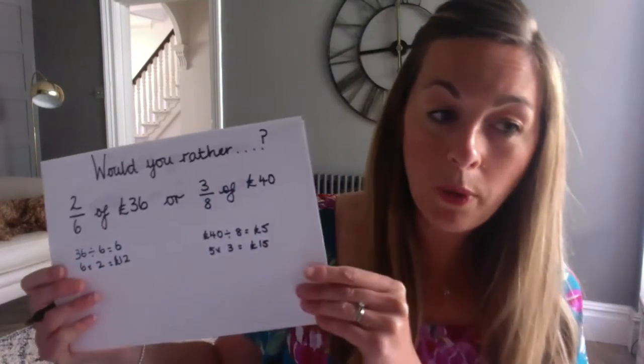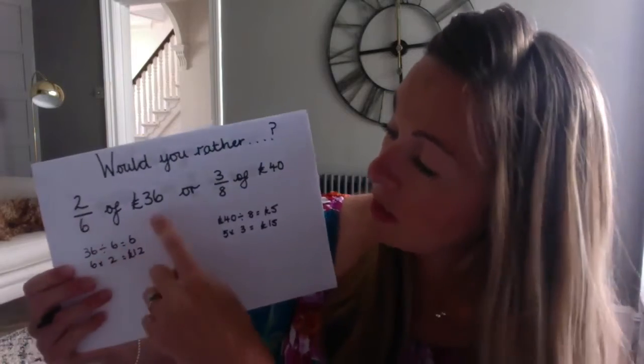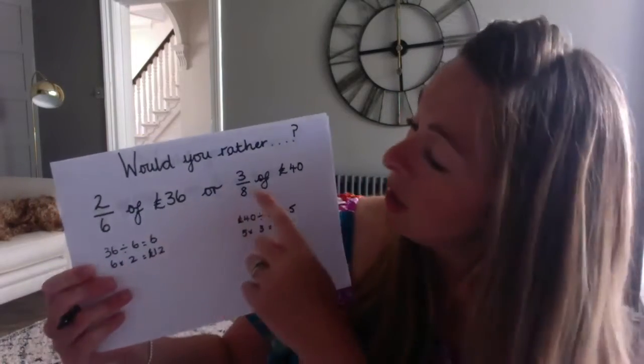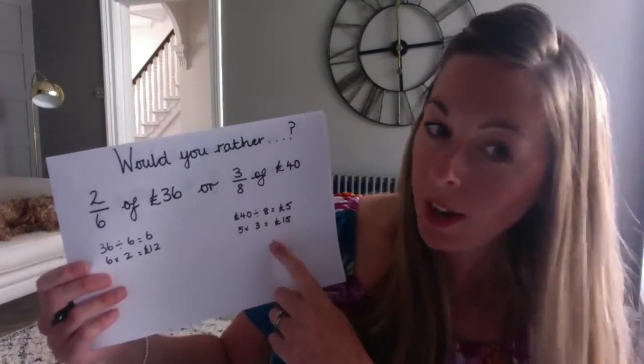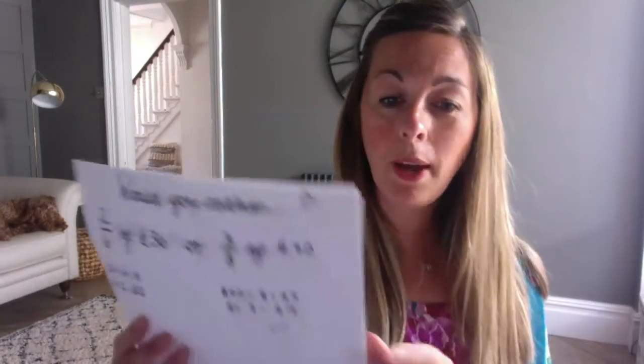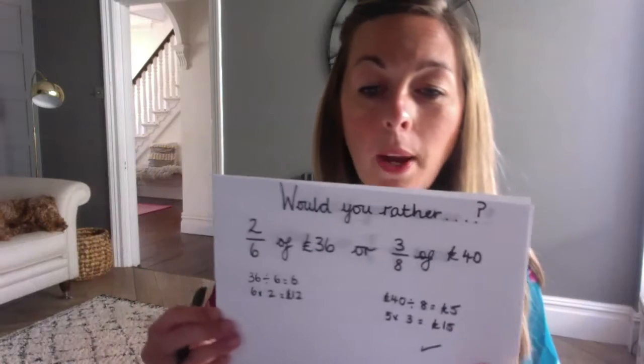So 5 3s are 15. So now I've got my two answers. 2/6 of £36 is £12. 3/8 of £40 is £15. So I know that I would prefer 3/8 of £40 because it's going to give me £15.